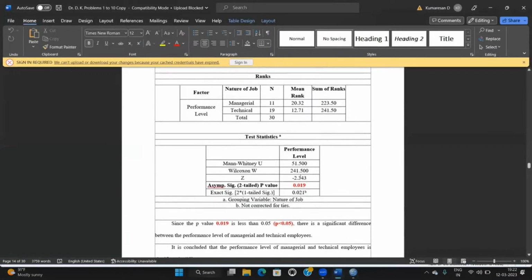As usual, the P value is the deciding factor. Even though a number of measures are given, we have to take the P value as the significance value or deciding factor. So what is the P value here? P value is 0.019.